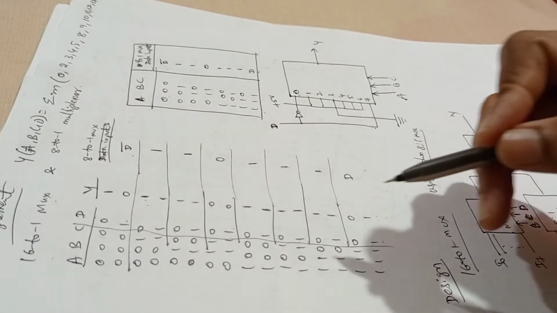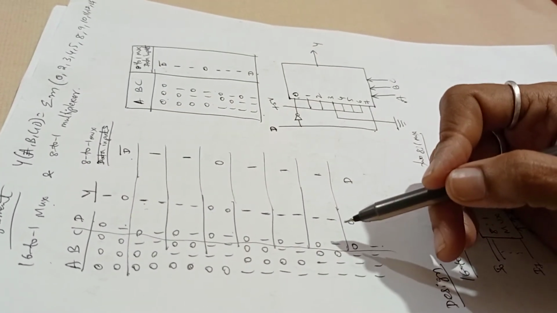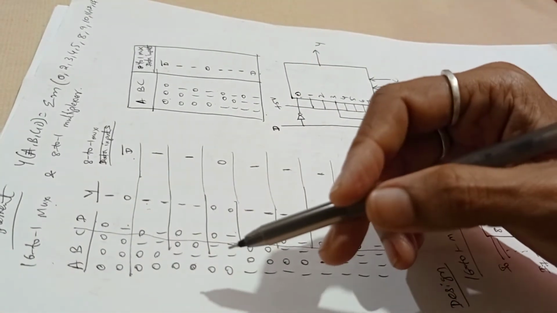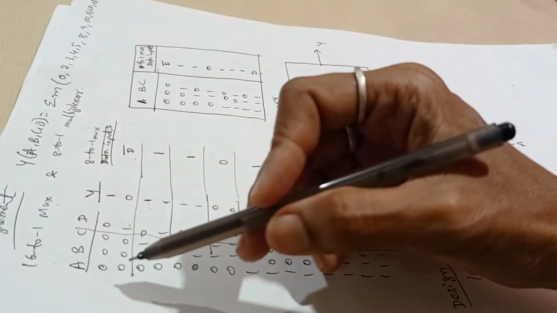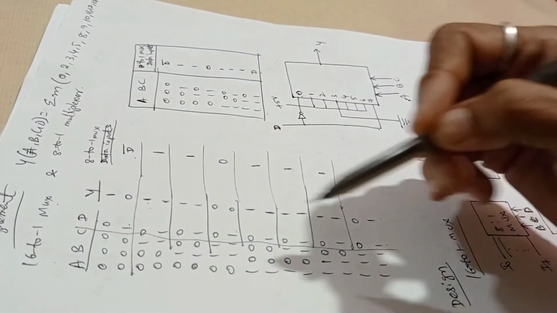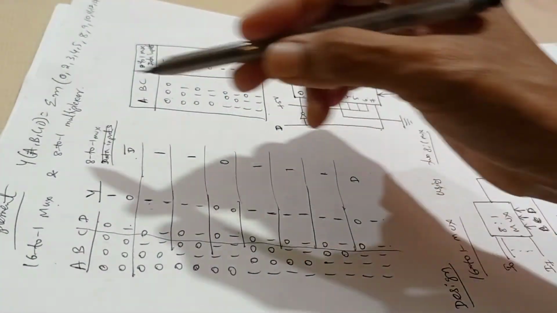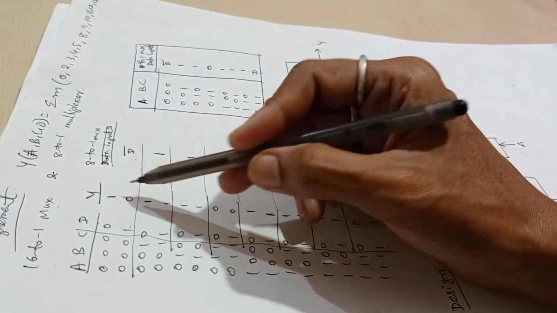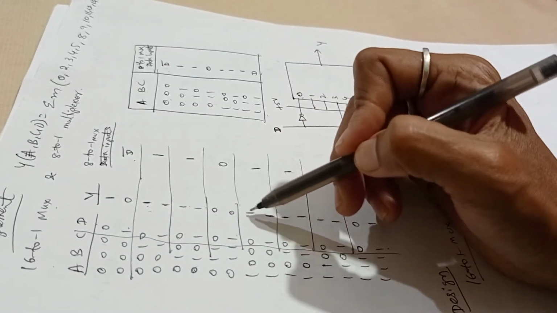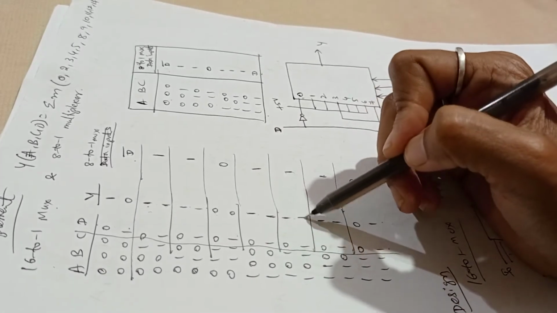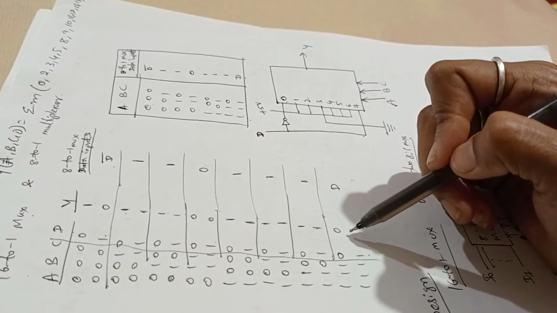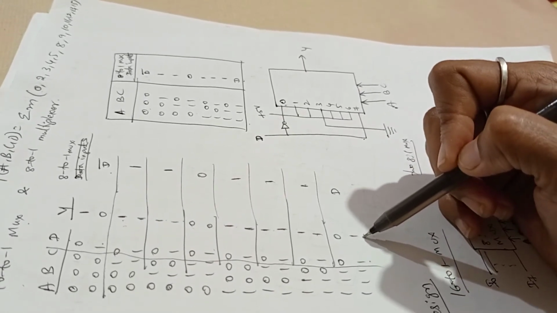The outputs here are in terms of inputs. So we consider A, B, C, D inputs, the combinational values, and Y is the output for the given SOP. 0 is given, 2, 3, 4, 5, and then 6, 7 are not given, 8, 9, 10, 11, 12, 13 are given, 14 is not given, and finally 15 is given.